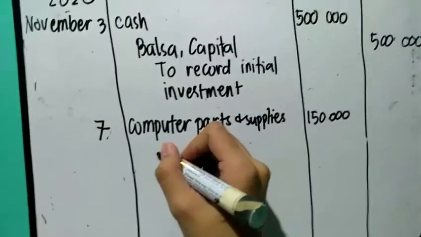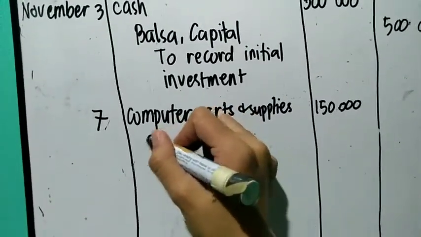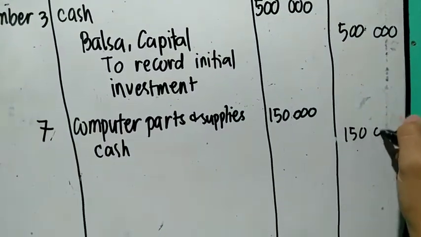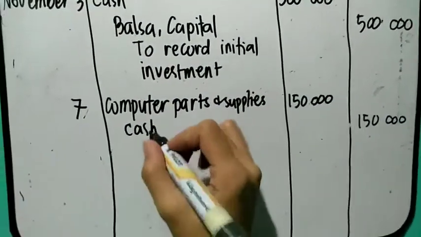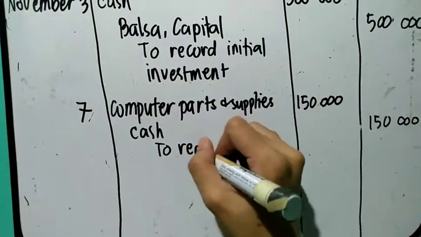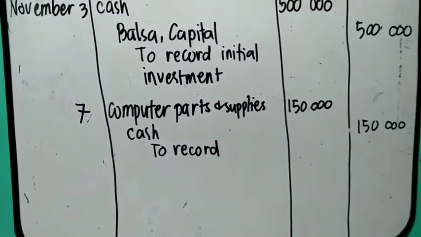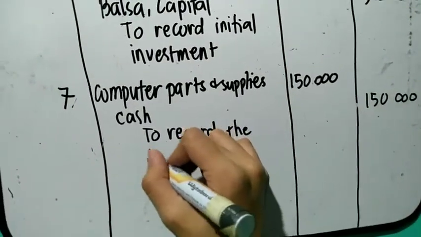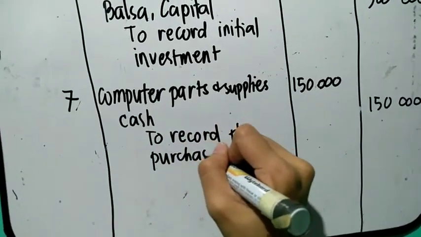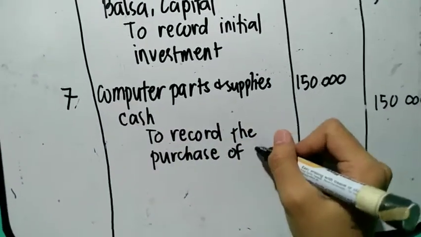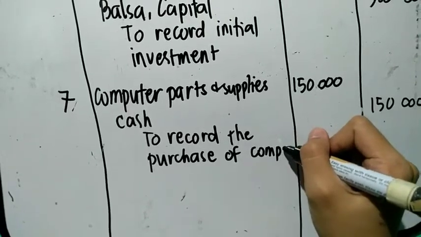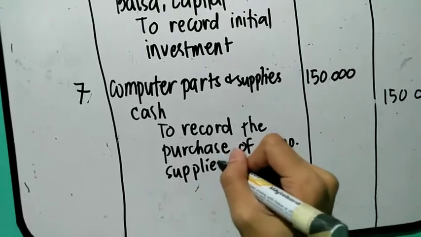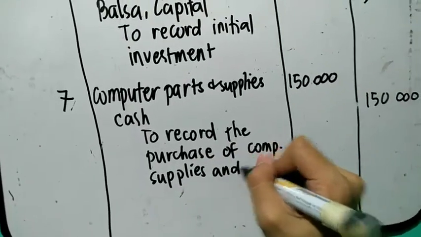And for your credit, you paid cash, also 150,000, to record the purchase of computer supplies and parts.